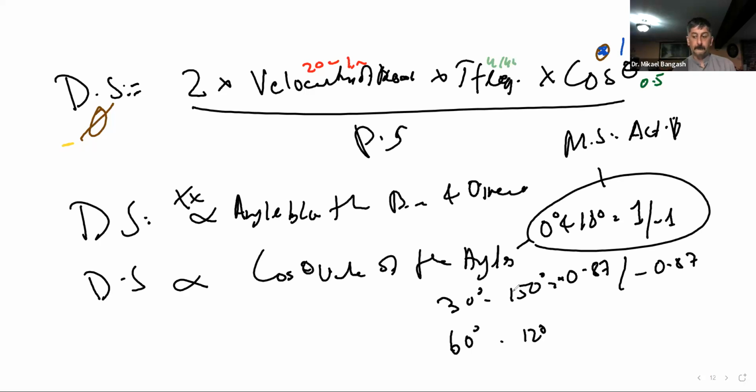Right. Likewise here, these have a value of 0.5 and minus 0.5 respectively for 60 degrees and 120 degrees.